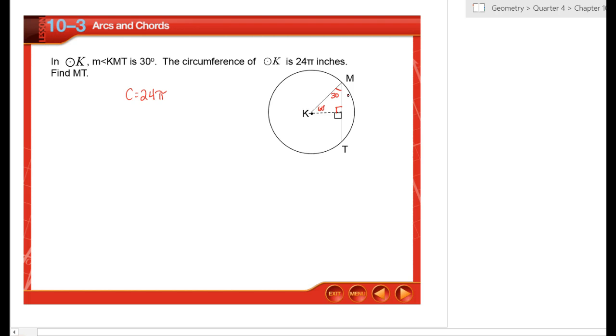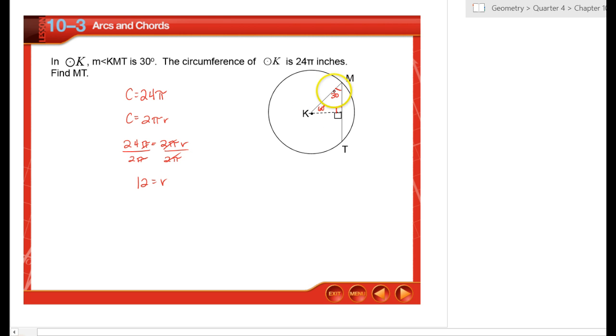Okay? This can tell me what my radius is. Circumference equals 2 pi r. So 24 pi is equal to 2 pi r. I divide by 2 pi. The pi's cancel out, and I'm left with r is equal to 12.